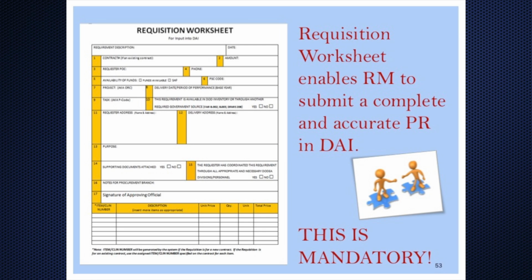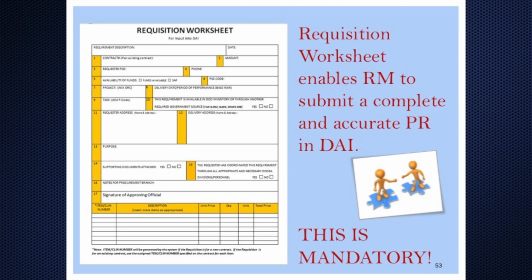And one of the main reasons why it's important is because it helps RM submit a complete and accurate PR in DAI. Notice the little words under the title, Requisition Worksheet. It says for input into DAI. So one purpose is so that RM can submit a PR that is accurate, because remember, PRs can fail, and they can fail for not having the right information.